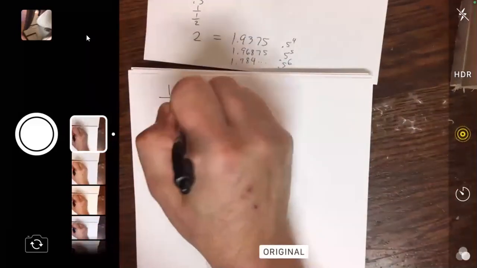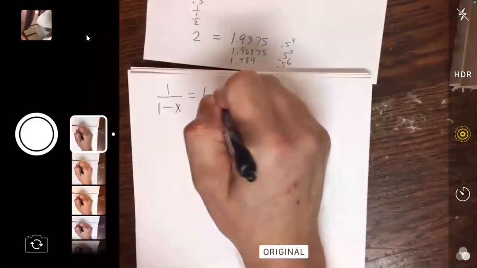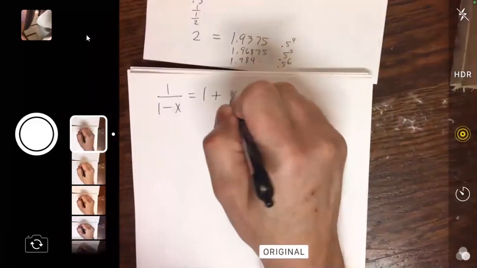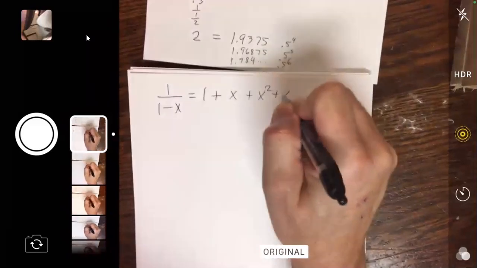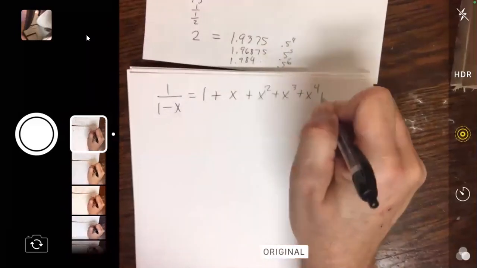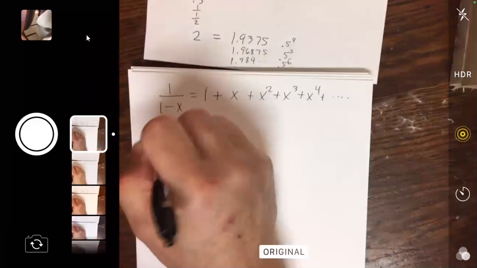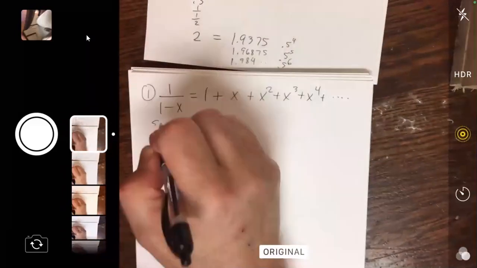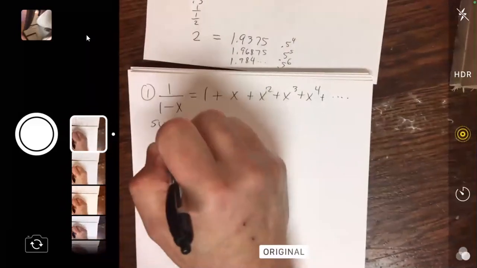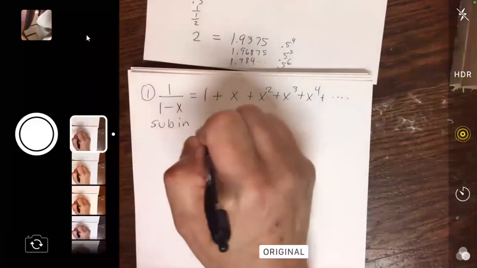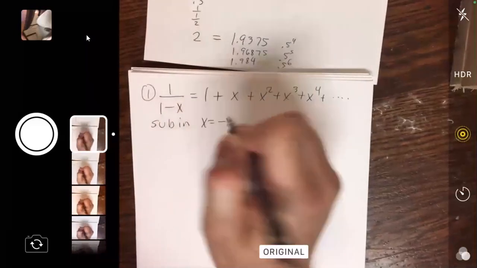I'll rewrite this one. 1 over 1 minus x has all positive signs in the power series: 1 plus x plus x squared plus x cubed plus x fourth plus and so on. We'll call this formula 1. Sub in x equals negative x.